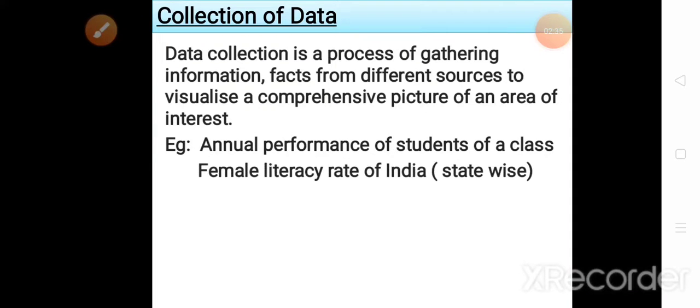Then another example we have is the female literacy rate of India. Now in order to find the female literacy rate of India, state-wise, we need to collect information regarding the literacy rate of almost all the individuals, particularly the females, right? So these are two examples. There are a lot many more examples.